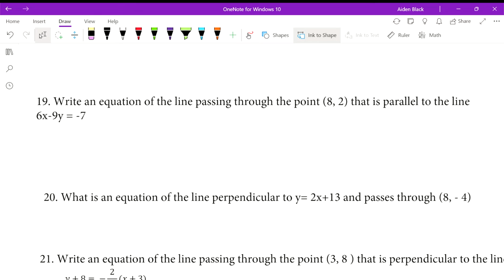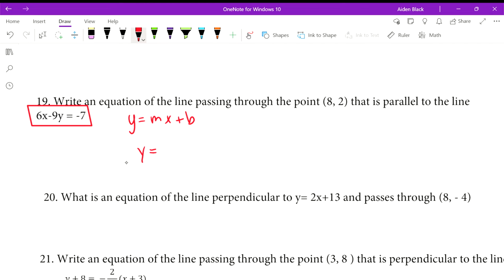Write an equation of the line passing through point 8, 2 that is parallel to the line 6x minus 9y equals -7. So what we can do is, first we really want this in slope-intercept form. So y equals mx plus b. The way we're going to do that is I'm going to add 9y to both sides and then add 7 to both sides.